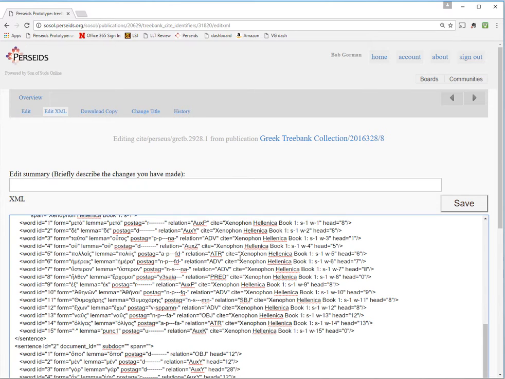So anyway, from this slide, you get some idea of the kind of data that is produced when you annotate a sentence of Greek producing a dependency treebank.